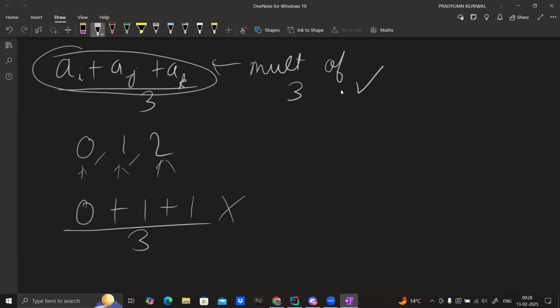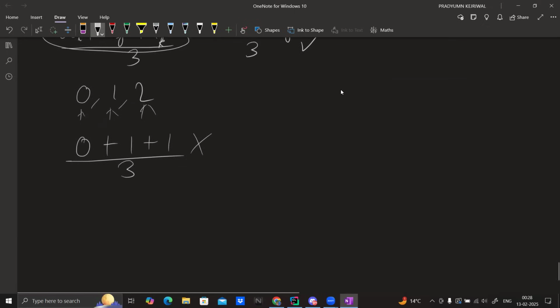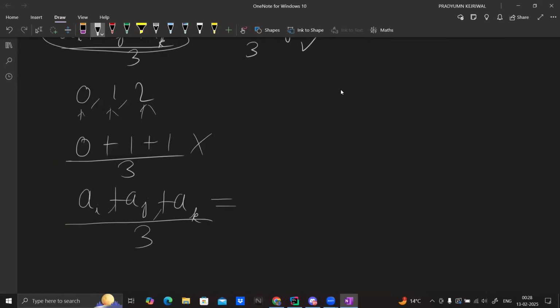If you want the formal proof of that, I can give that as well. So let's say we take AI, AJ and AK, okay. Now let's say that the sum is divisible by 3.